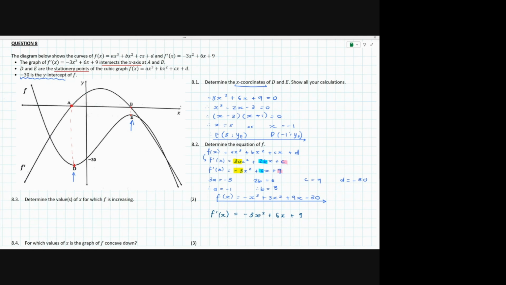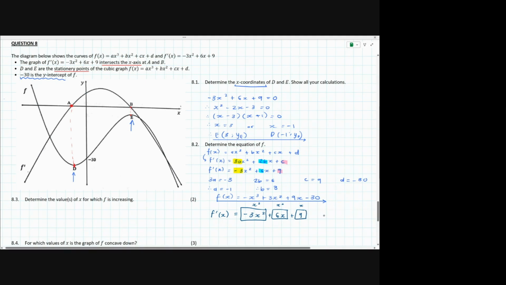So what that would mean is that this x squared term was derived from my x cubed term, okay? And we would have to work backwards from there. This 6x term was derived from my x squared term, and this 9 term was derived from my x term.